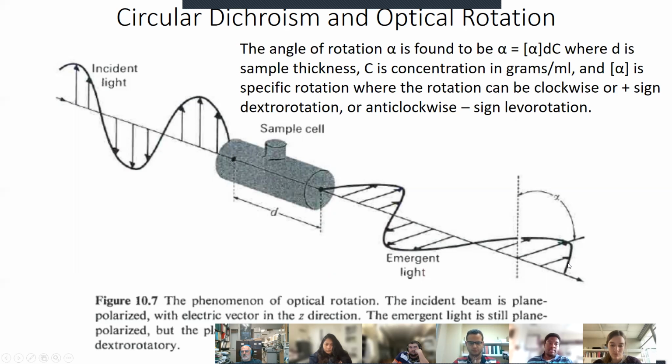It's rotated by interaction with the sample. The amount of rotation corresponds to the concentration, the sample thickness, that sounds familiar, and the specific rotation of the intrinsic molecule.